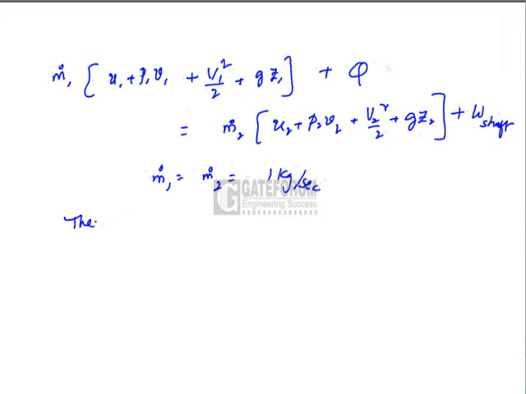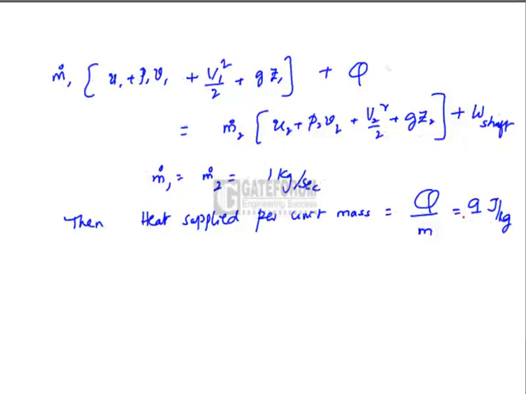Then heat supplied to the control volume per unit mass, that is capital Q divided by mass, is equal to small q joule per kg. Small q is the rate of heat energy supplied per unit mass of the control volume.